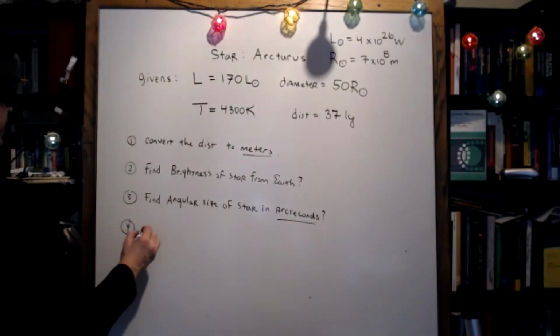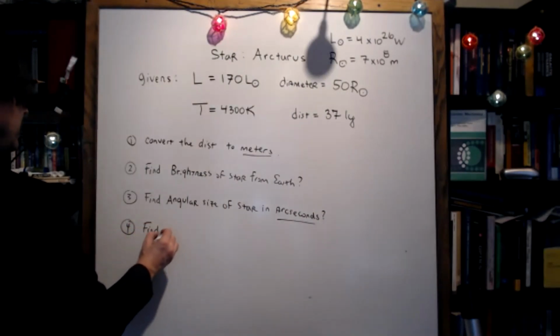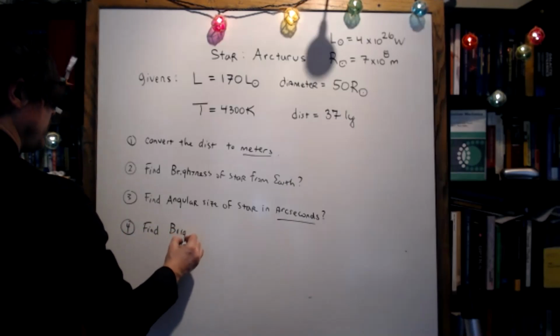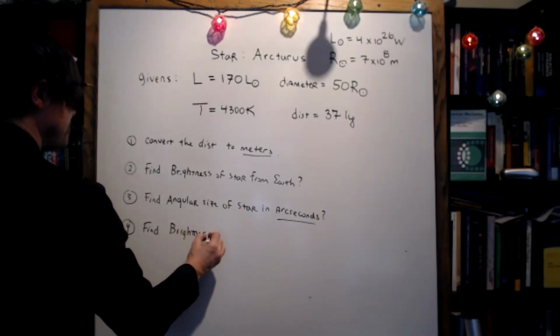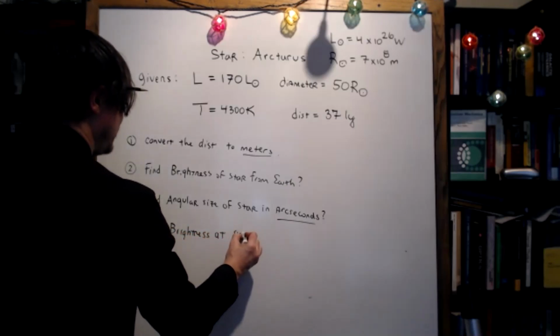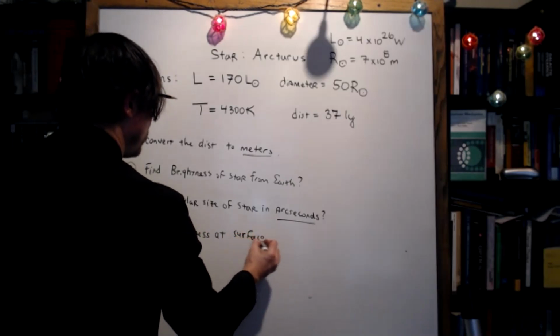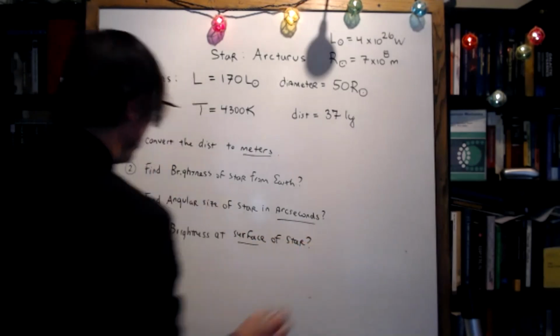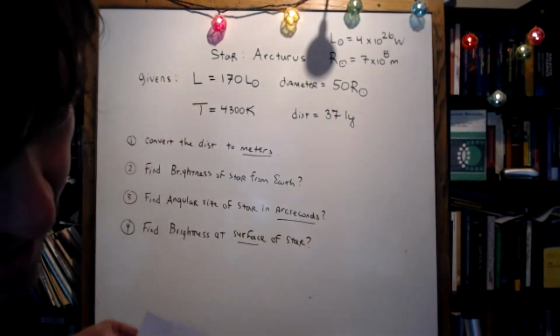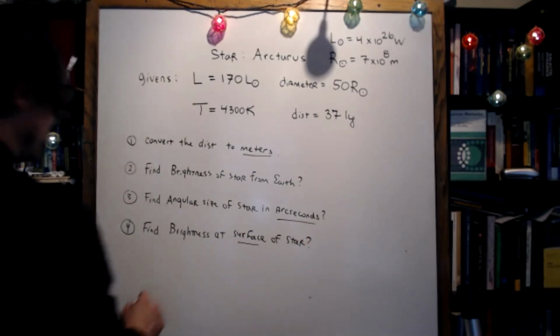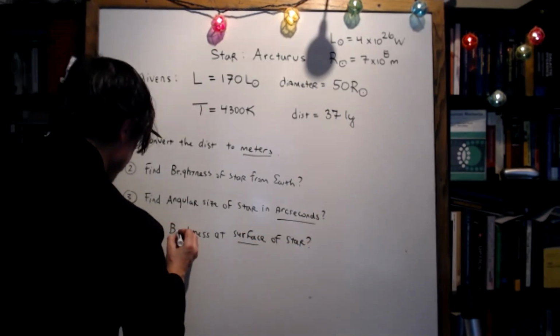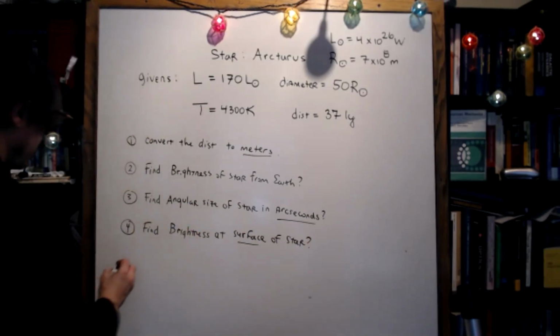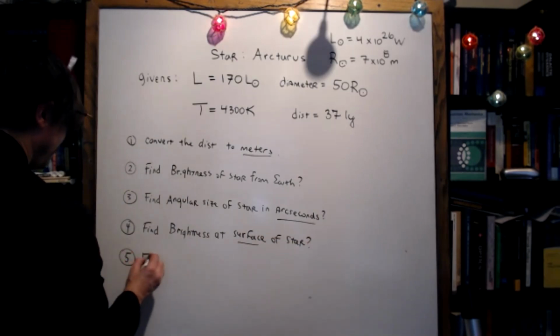Question 4. Find the brightness at the surface of the star. Question 4 is not the same question as 2. They're different questions. Question 5.